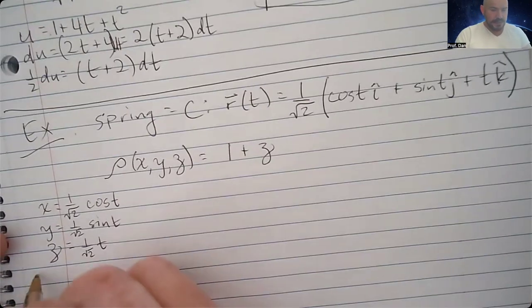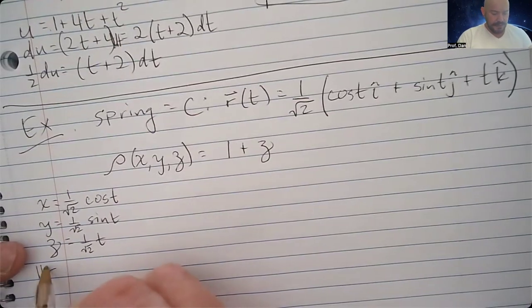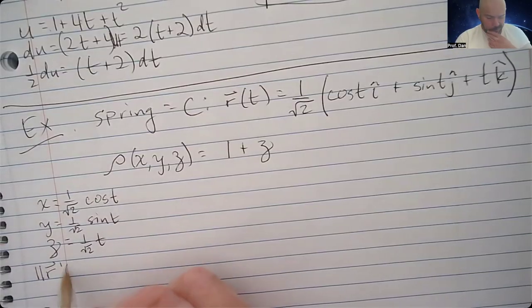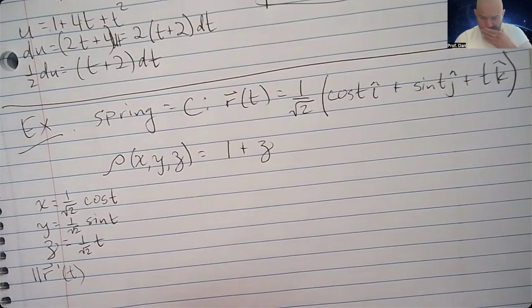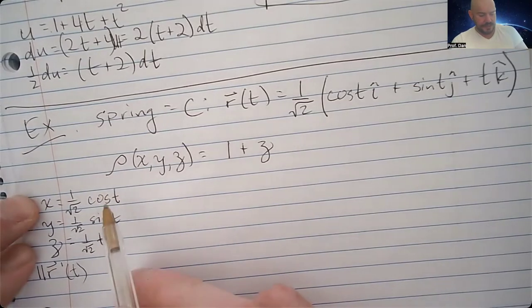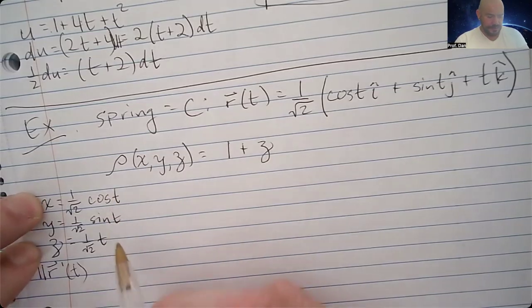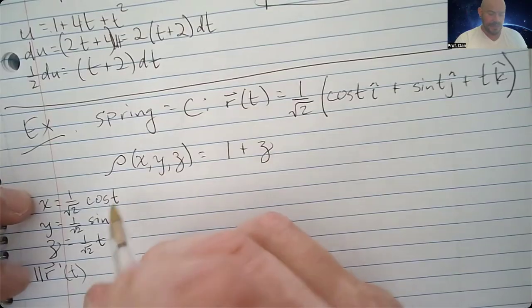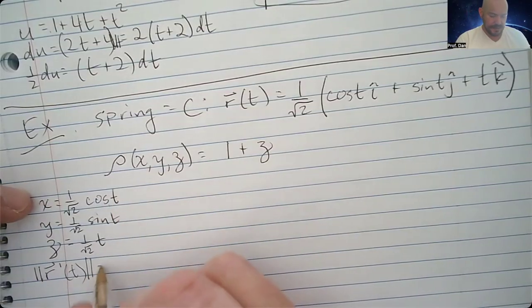If I go to find my magnitude for r prime, all right, remember we want to take the derivatives of these. So the derivative of cosine of t would be negative sine of t.